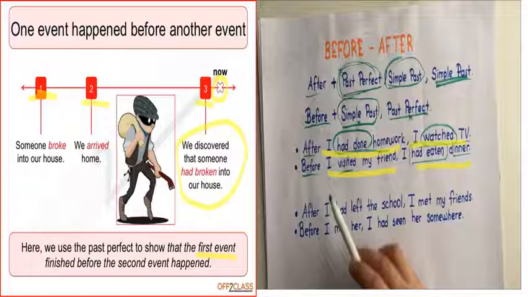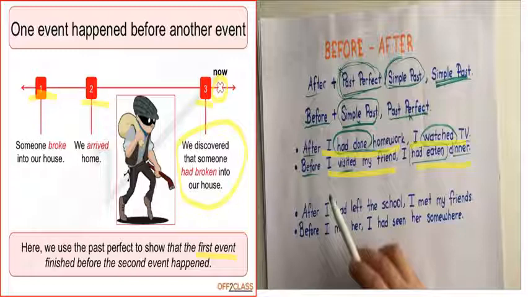For example, look at this example. After I had done my homework, you have to put a comma here, I watched TV, because it indicates the order of two events. Before I visited my friend, I had eaten dinner. These two words, after and before, indicate the sequence of events.